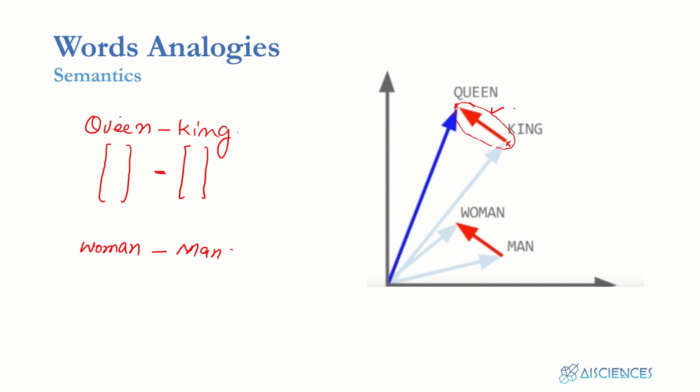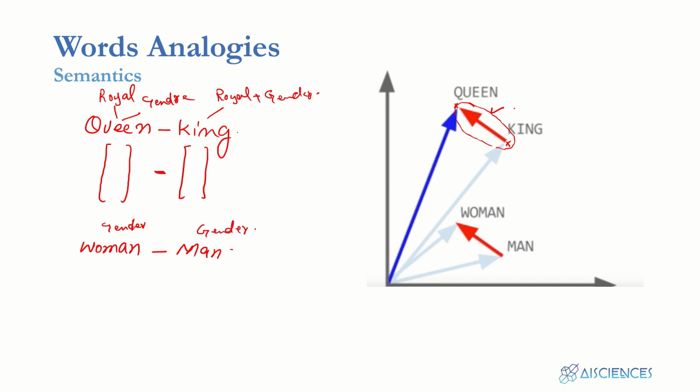Whatever, for example, queen is composed of, let's say, royalty plus gender, and king has royalty plus gender. And here, let's say we have just gender and gender.